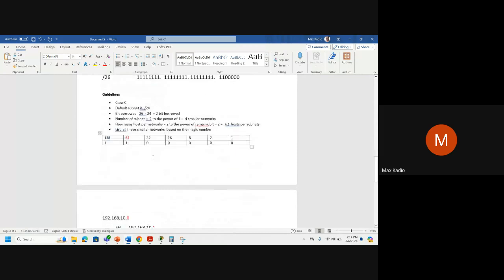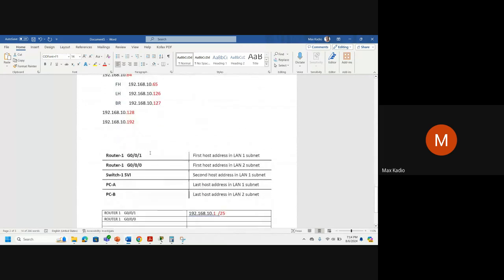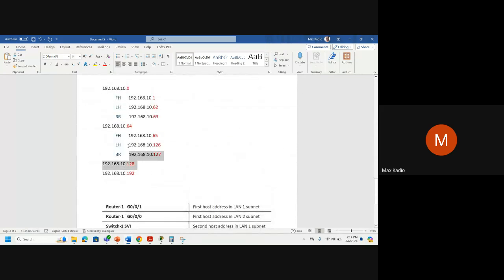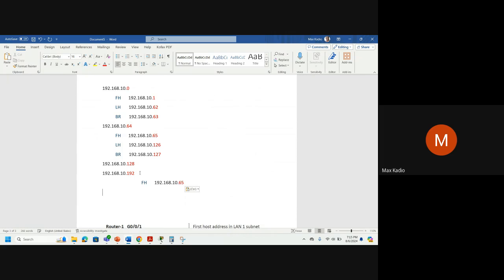So it means to avoid clashing or overlapping, because everything here is taken, we can now use the 192 here. So here we can find the first valid host. First valid host, it will be 193.